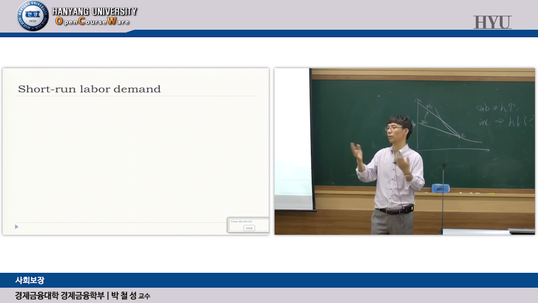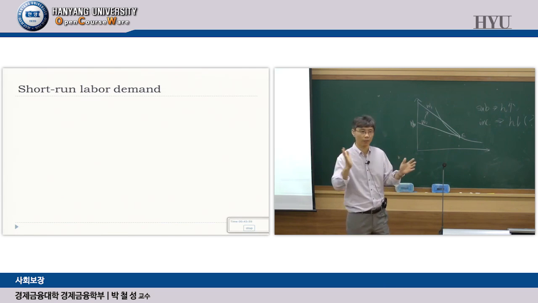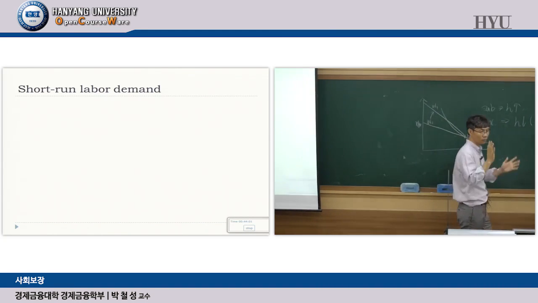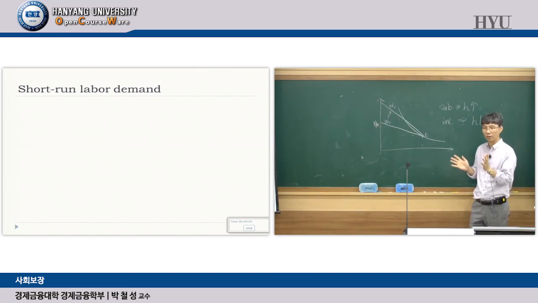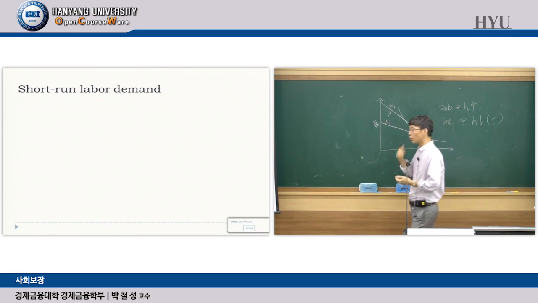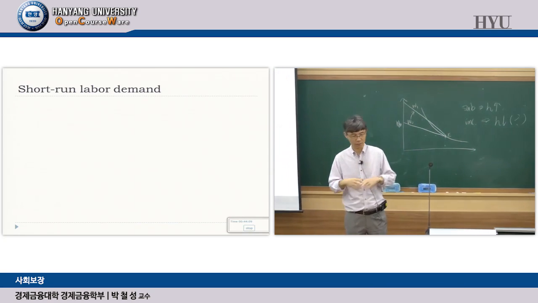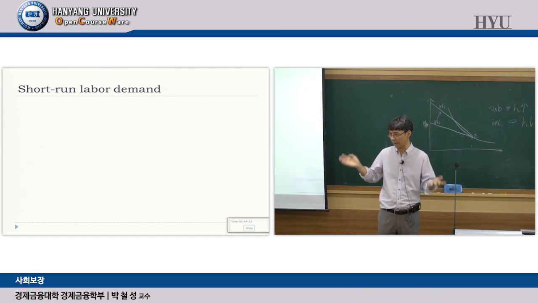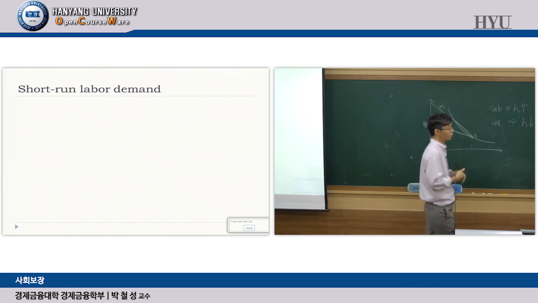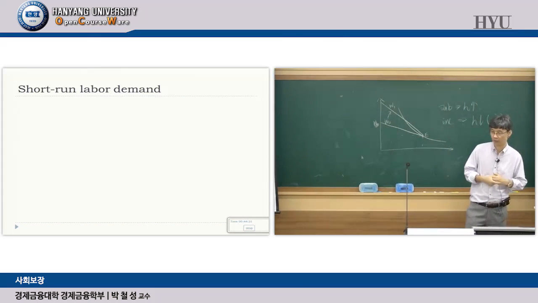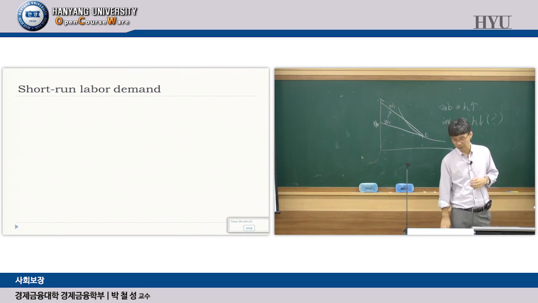So the adjustment of capital takes longer than the adjustment of labor. When we say short run, it simply means that during that period, the firm cannot change the capital input. They can change only the labor input. So in the short run, we assume the capital input is fixed. It's a standard assumption.